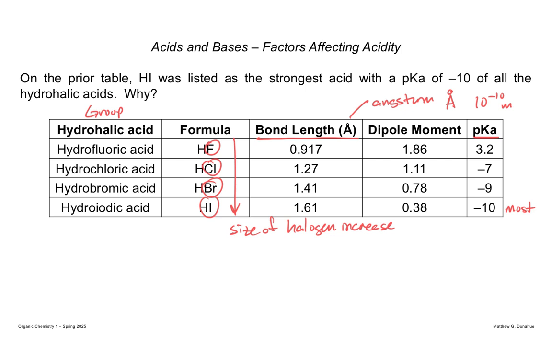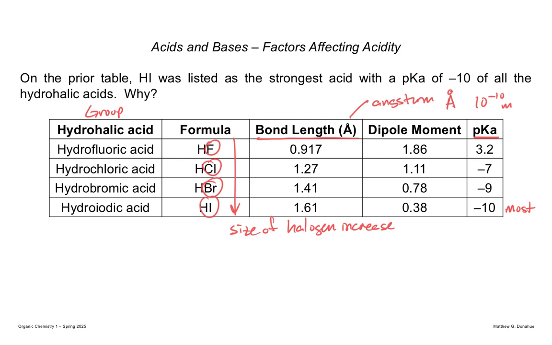The H is constant, it's staying the same size. But when you get down to the HI, you have like a beach ball bonded to your little proton. So they don't really have a strong bond to begin with, meaning that they're almost ionized to begin with due to the size difference. And that size difference helps explain the acidity.